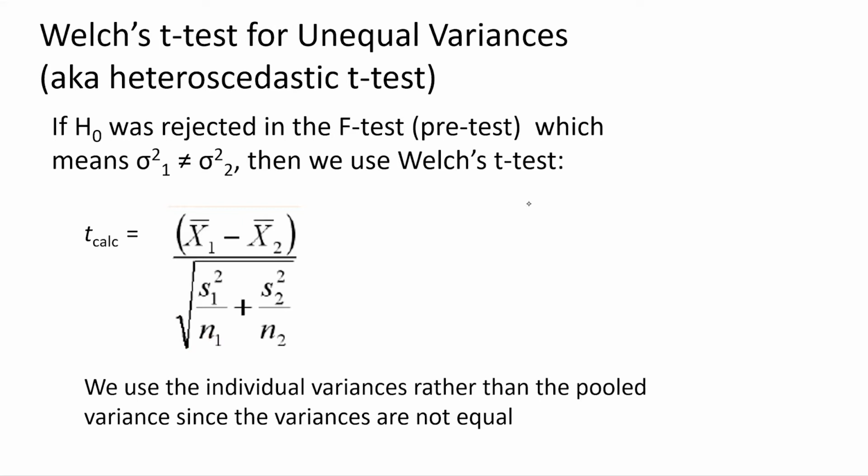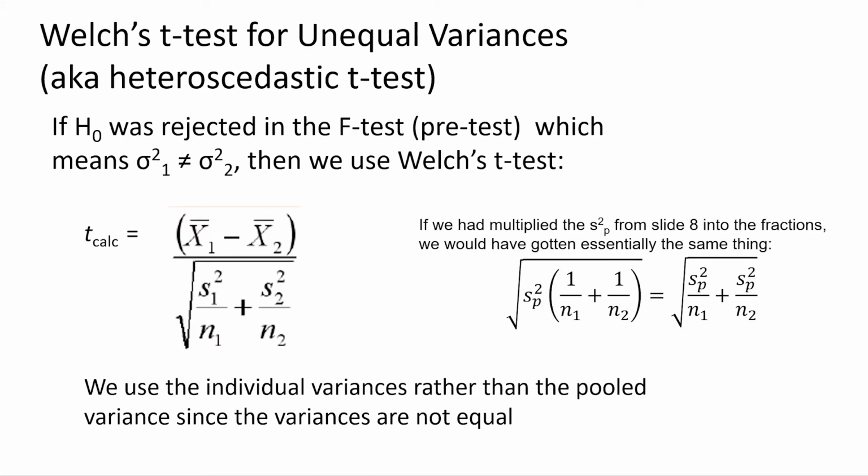If that's the case, and we have to do a heteroscedastic t-test, then we calculate our t-calc a little bit differently. But again, it's pretty much the same thing. We still have the difference between our two means, x bar 1 minus x bar 2, and we've got the square root of our variance divided by our sample size, except now we have two different variances.